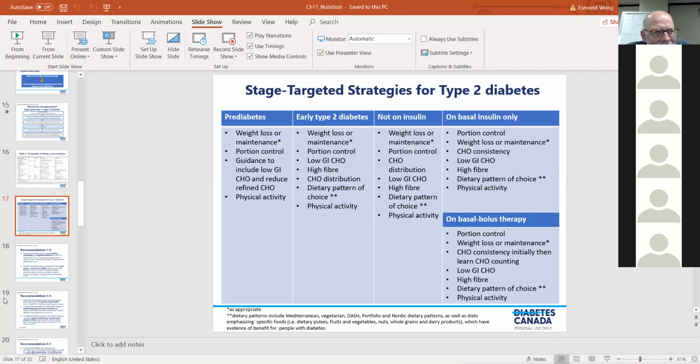So the question is, well, isn't an apple 15 grams of carb? On the exam, they're going to use the general guideline for how much carbohydrate is in different foods, which is that each carbohydrate portion is 15 grams of carbohydrate.